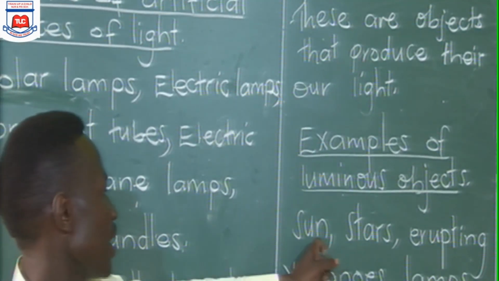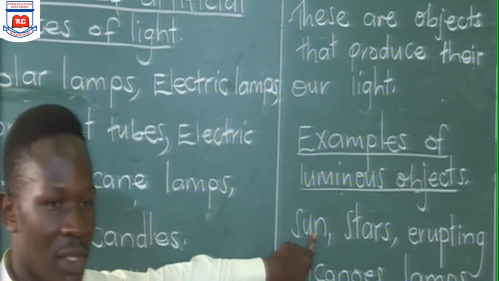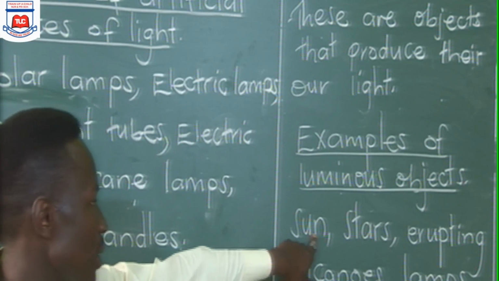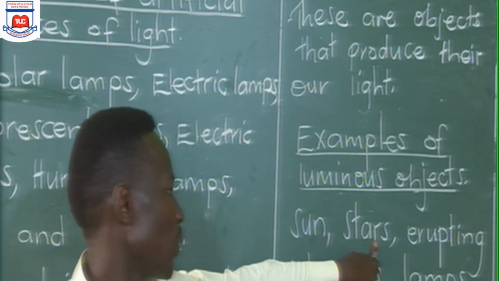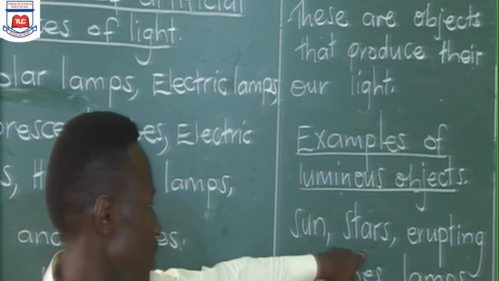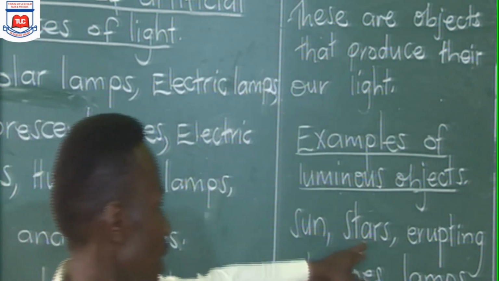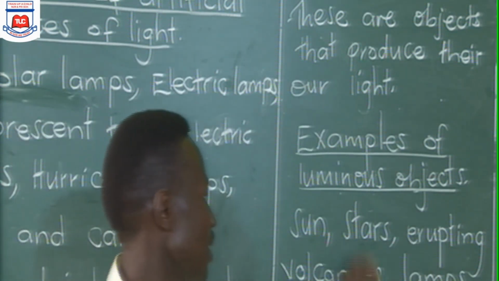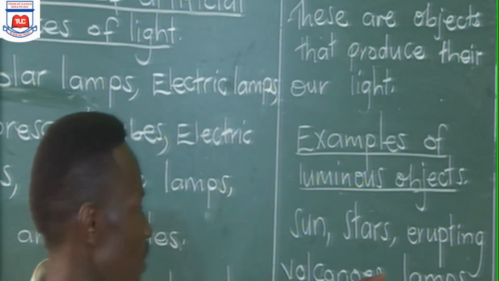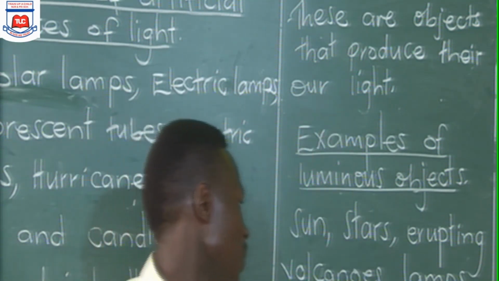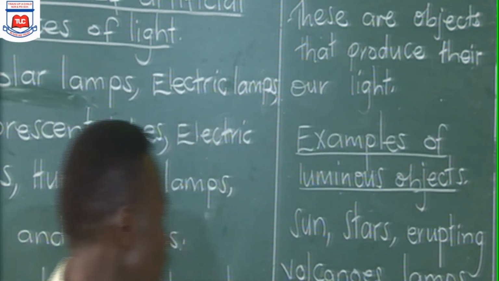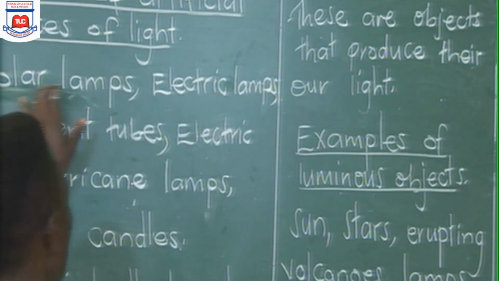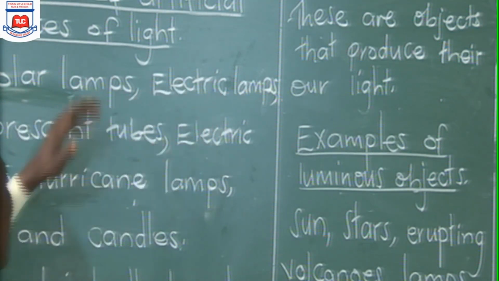And here are examples. One, we have the sun. The sun is capable of producing its own light. We have the stars we always see in the sky. The stars can produce their own light. Then we have erupting volcanoes. Whenever these active volcanoes erupt, light is produced. Then we have lamps. Examples of lamps are solar lamps, electric lamps, electric bulbs and many other lamps.